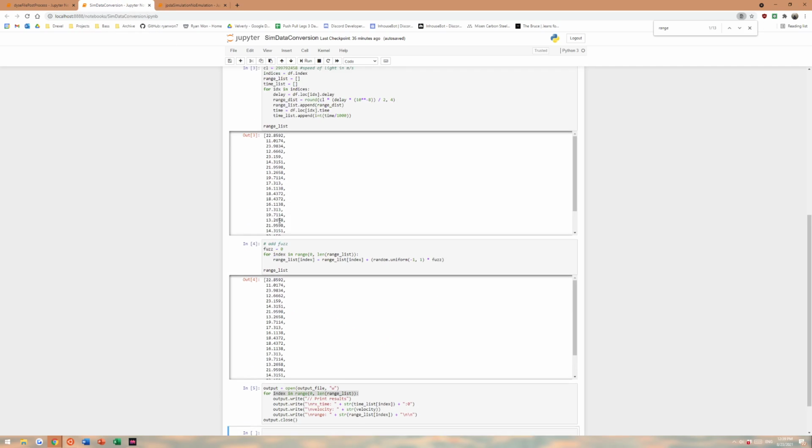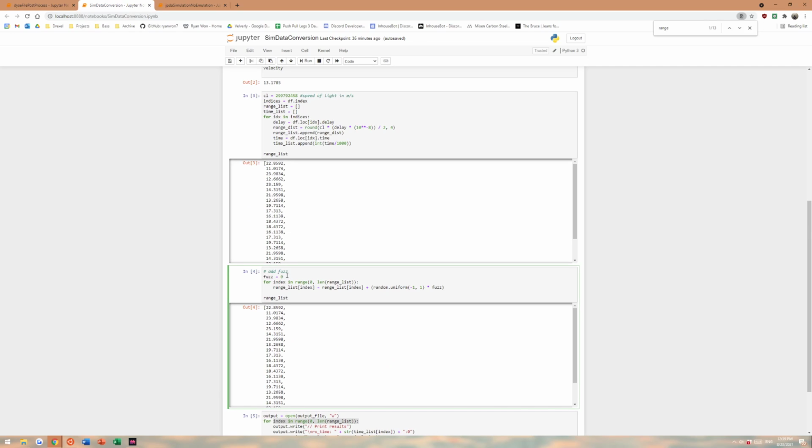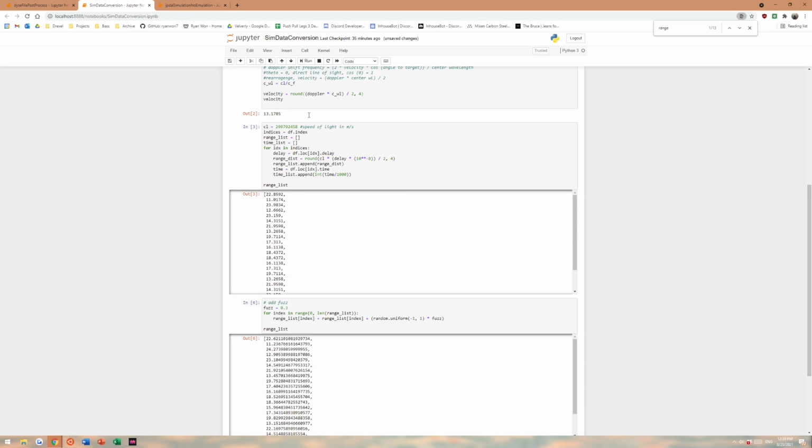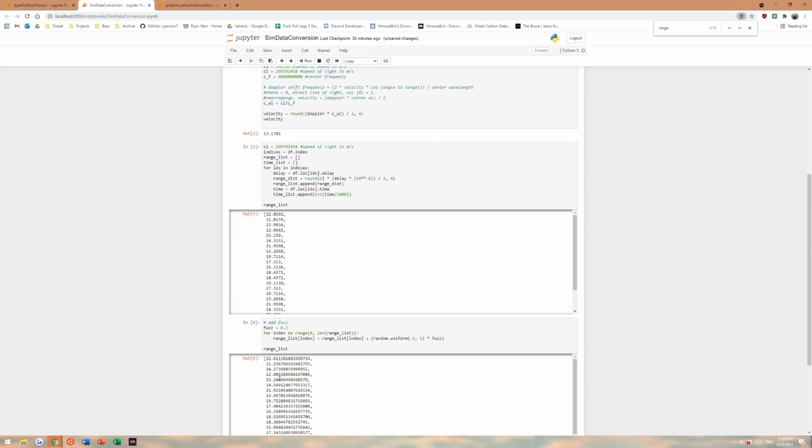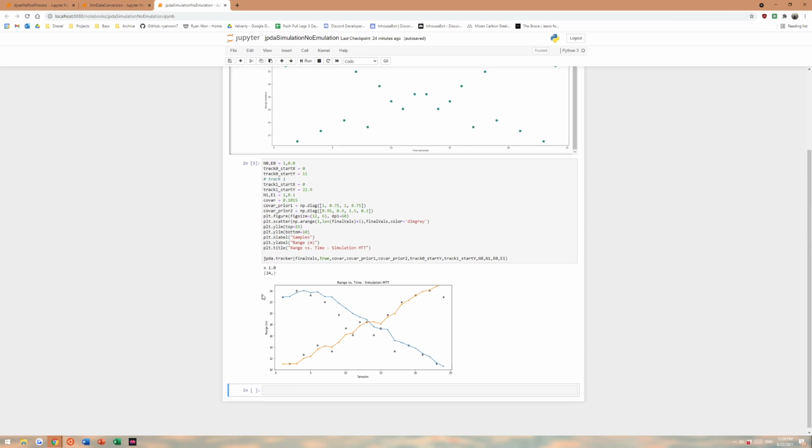One thing I did was add this fuzz. For example, we can add a small amount of fuzz. This essentially takes your simulated data and changes the value a little bit by a factor of -1 to 1 times your fuzz value. So 0.3 is fairly small. If we write that to the output, we do see the values here are slightly different than the original ones.